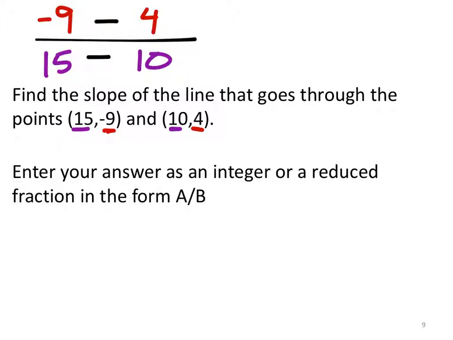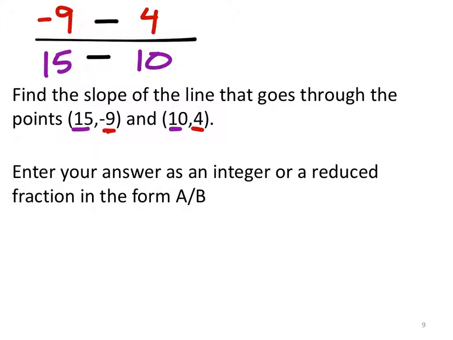And again, we're finding the difference between the two. That always has to be the case. If I had written the 10 underneath the negative 9, those don't correspond. They're not part of the same ordered pair, so I can't set those up in this fraction that way.